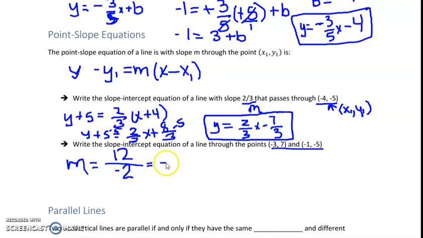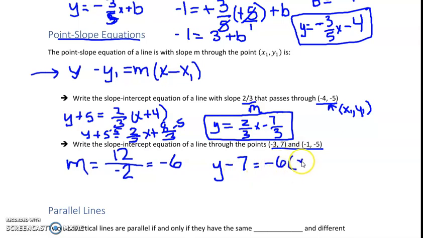So I end up with, reducing that, 12 divided by 2 is 6, and it's a positive divided by a negative, so it's -6. So I'm going to use the point slope form, which is right here, and I can pick either point. So if there's one that you like, pick that. I'm going to just use the first one and say y minus 7, that's my y for my first point, equals -6 times x minus -3, or x plus 3.